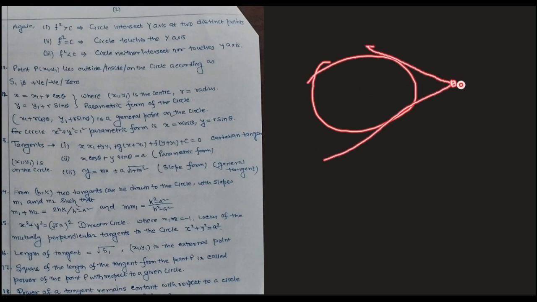Now coming to the director circle, one circle is there, and from an outside point we draw two tangents such that they are at 90 degrees. What we notice is that the point of intersection of the tangents moves in such a way that it will again form a circle.